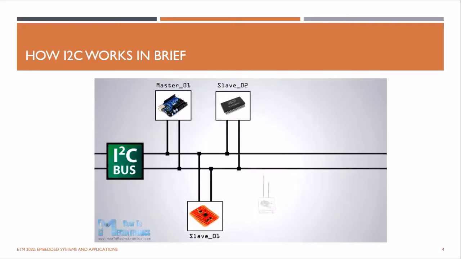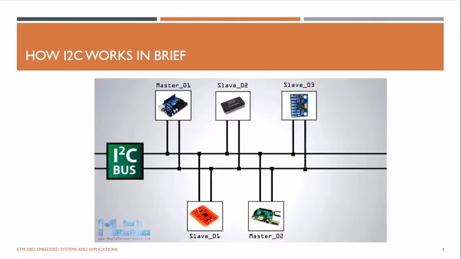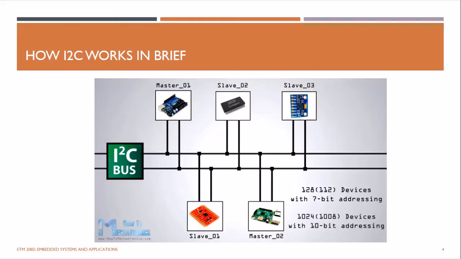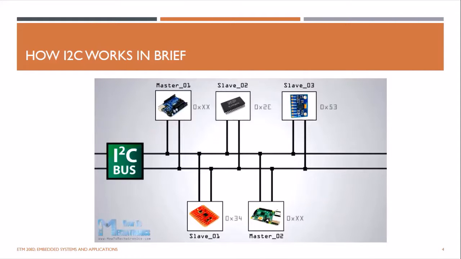This implementation comes with the fact that only 2 wires are required for communication between up to almost 128 devices when using 7-bit addressing and up to almost 1024 devices when using 10-bit addressing. How is that possible? Well, each device has a preset ID or a unique device address, so the master can choose with which device it will be communicating.